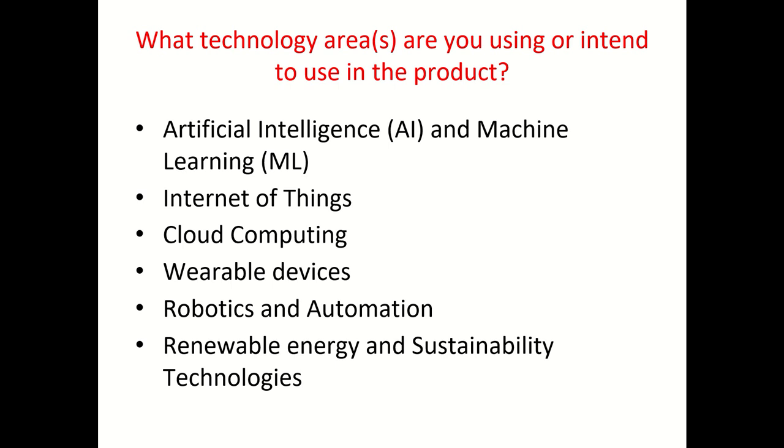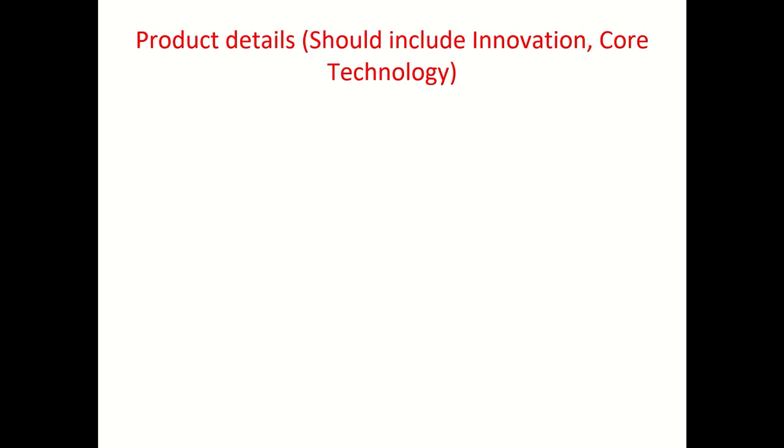You should identify and state that these are the technologies which are part of my product development. When you define the product development, slightly describe your innovation and the core technology you are using. What is the innovation in your product?